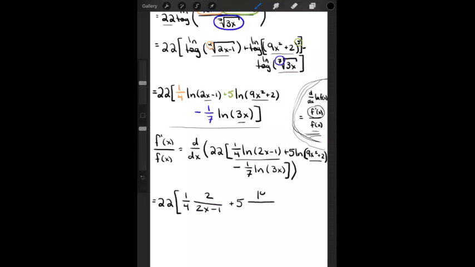All right, 18x. And then we take the inside and just pop it down here. So what's the derivative of the last logarithmic term we have there?